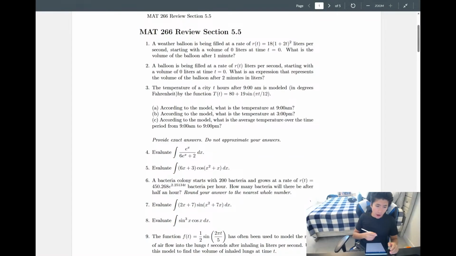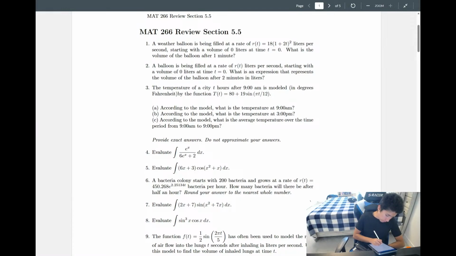So, all right. A balloon is being filled at a rate of R of t liters per second. Wait, sorry. Wait, for the last question. So this is V of t. And they're asking me, what is the volume of the balloon after 1 minute?